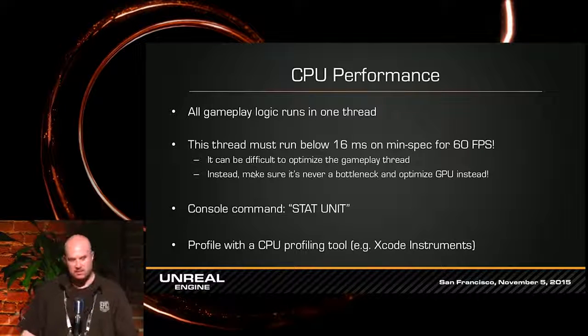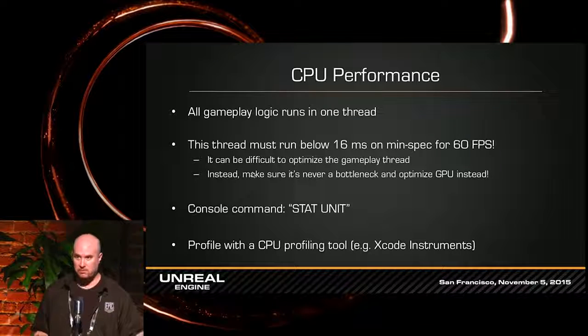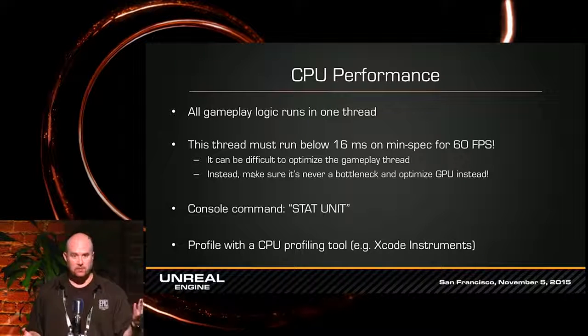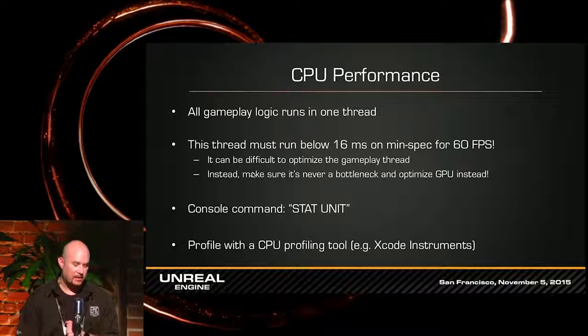The other thing you can do, that's just a quick thing to see if you have a problem at all on the game thread. So don't worry about frame rate at this time. First you need to check, maybe the CPU is fine, you don't need to worry about it. If you have to worry about it, and you're not willing to cut gameplay features to optimize, then you need to profile.